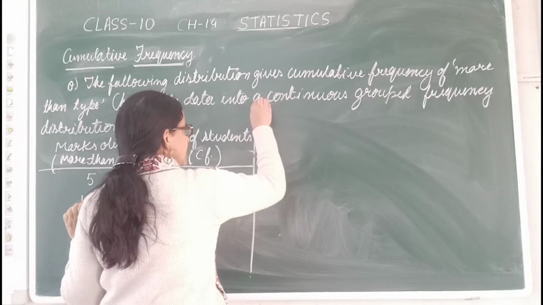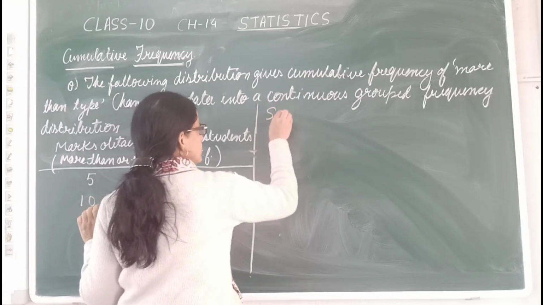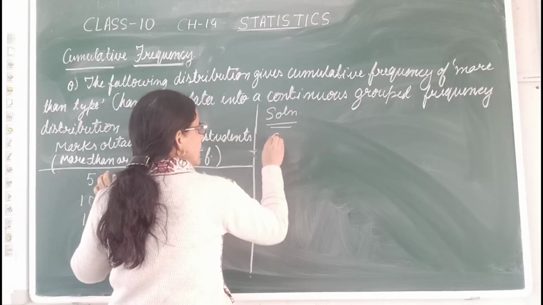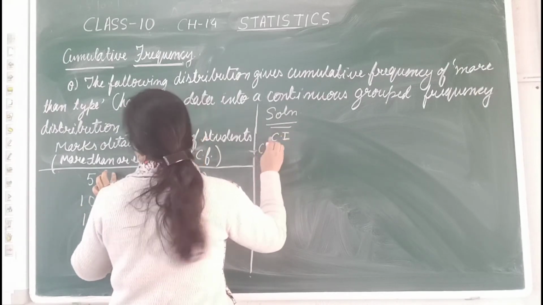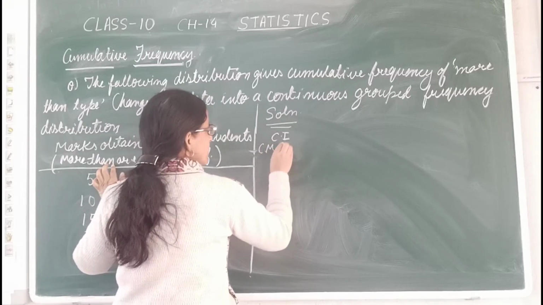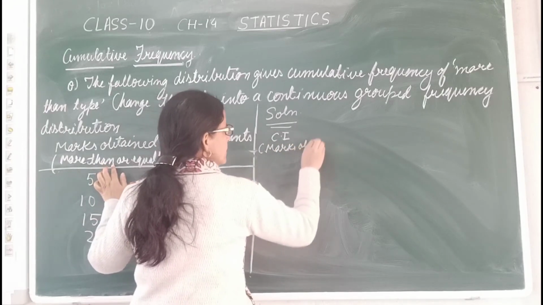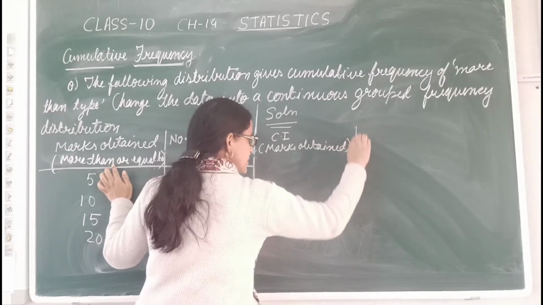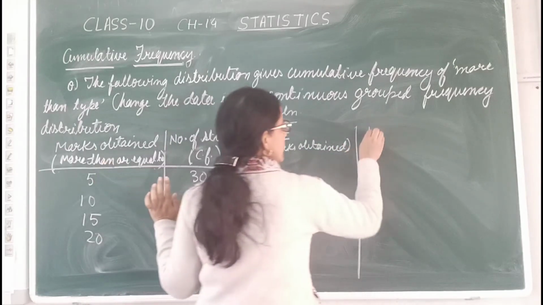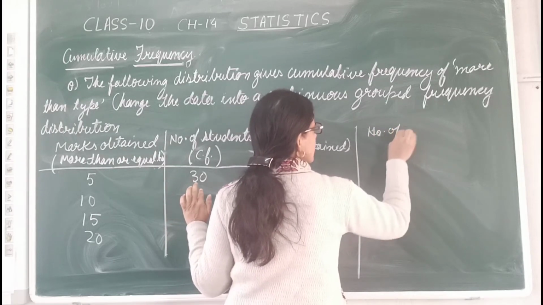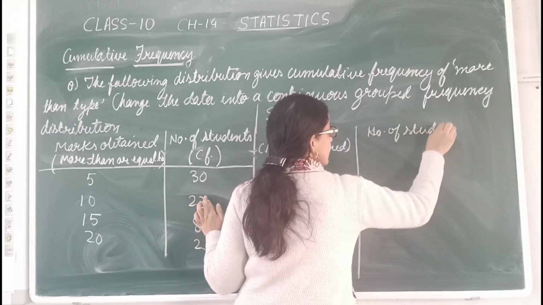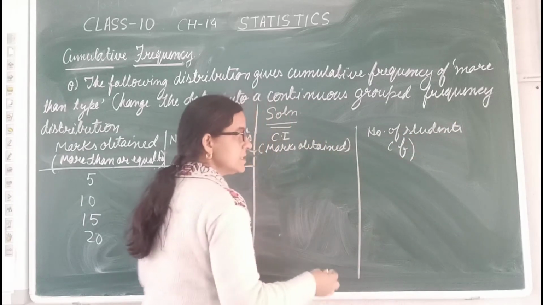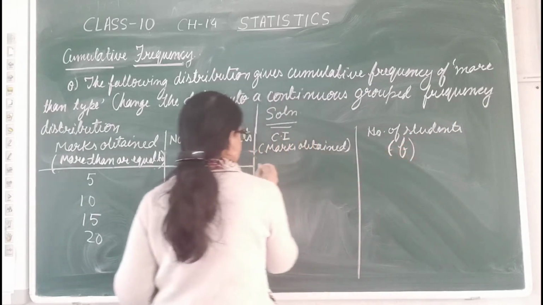Till this it was the question part. In the solution part, we will make a column first for the class interval, and we will be writing marks obtained as the first column, then number of students. Number of students over here will be f, not the CF, only f.